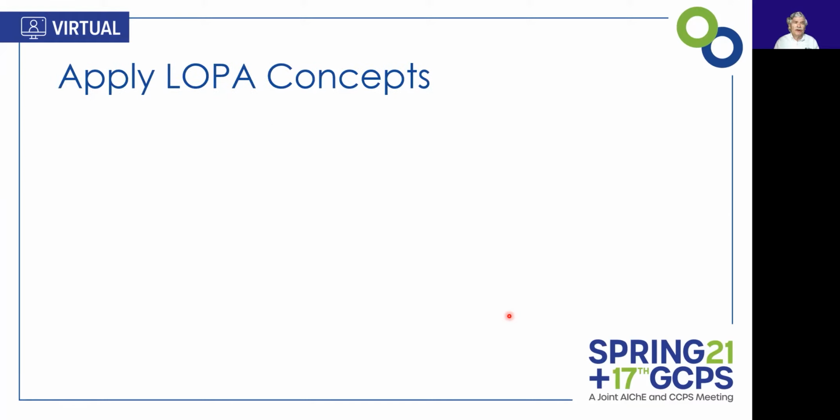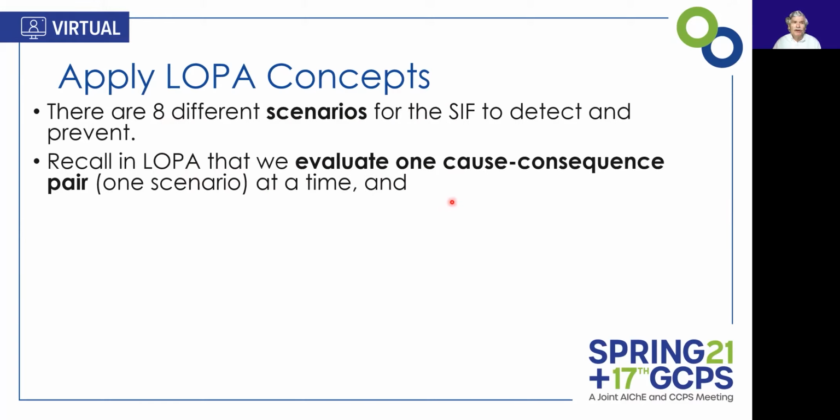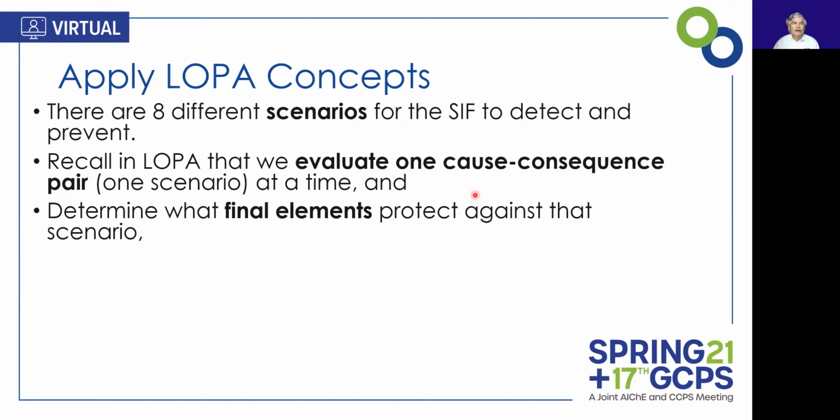So our approach is to apply LOPA concepts. There are 8 different scenarios for the SIF to detect and prevent. We recall in LOPA, we evaluate one cause-consequence pair, that is one scenario at a time. And then we determine what final elements protect against that scenario.